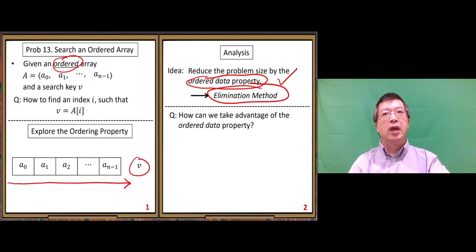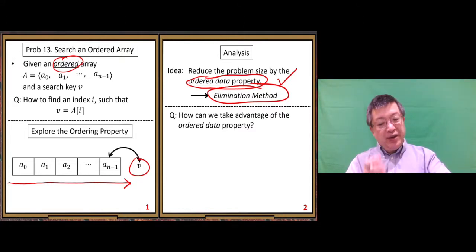Now, we can do comparison. We do comparison by comparison to reduce the problem size. So that's the thing we need to do. When we do comparison, we have a lot of freedom to choose which element to compare with, right?